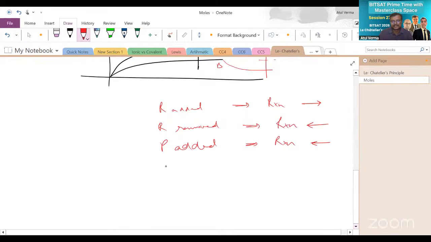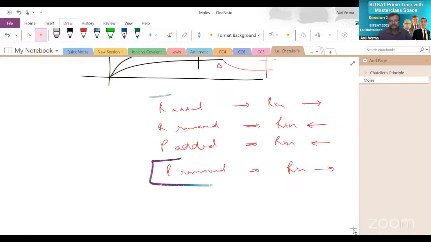And when products are removed, what happens again? The reaction goes forward. So overall, what drives the reaction forward the best? Removal of product and addition of reactant.